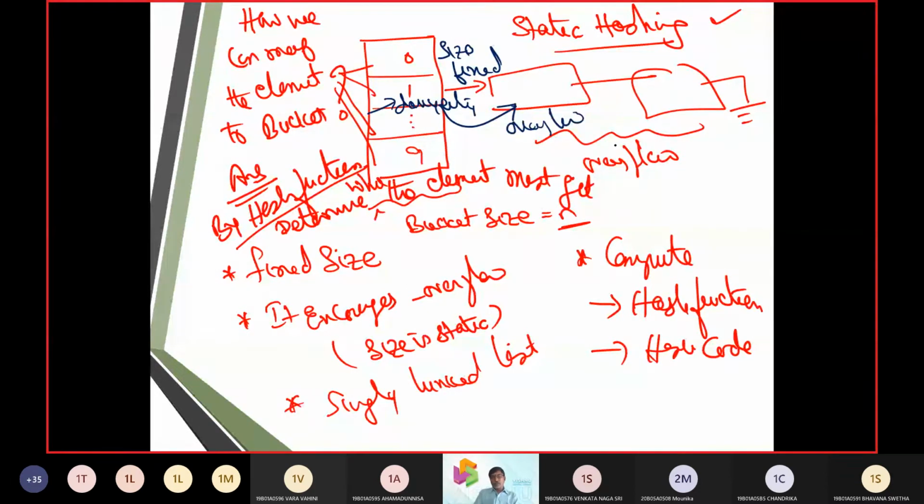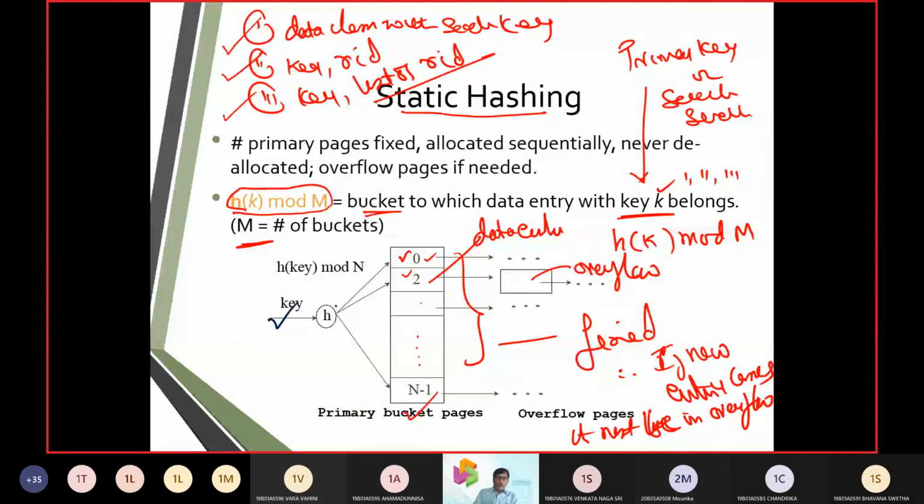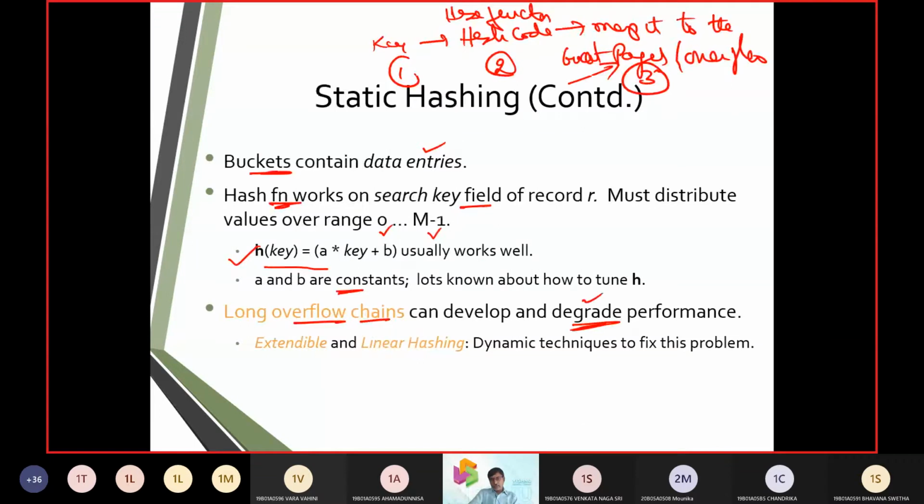If overflow is much more, then it is going to degrade the performance. How can I map a key item to the static element? You can map it from the key, you can call a hash function. The hash function is going to generate a hash code, and that is going to map to the relevant buckets at this point. So this is the key item regarding static hashing.